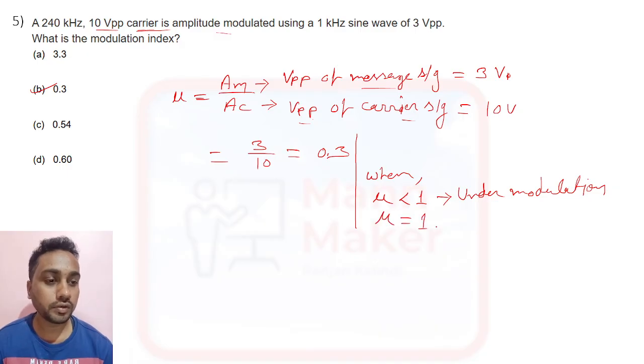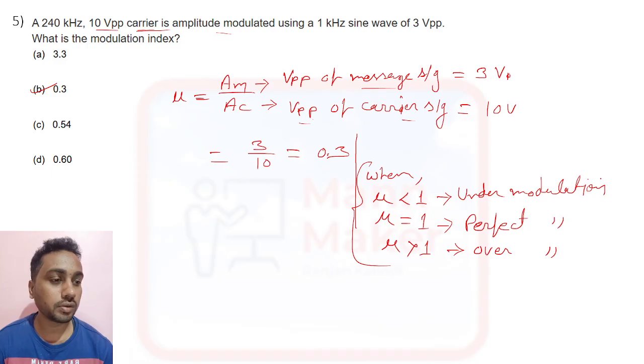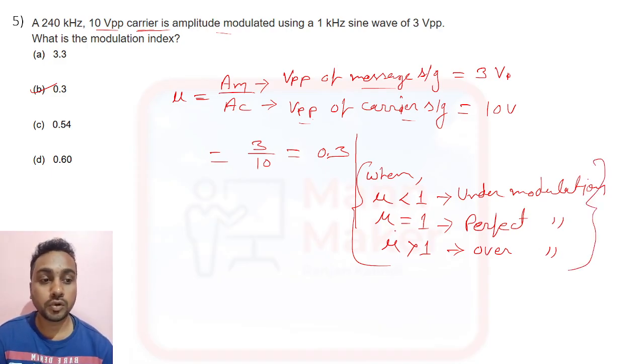When mu is equal to 1, then it is called perfect modulation, and when mu is greater than 1, then it is called over modulation. So these 3 points you need to remember. Sometimes they will ask, if the modulation index is 1, then what kind of modulation is it? So you have to answer perfect modulation. Like this you have to remember.